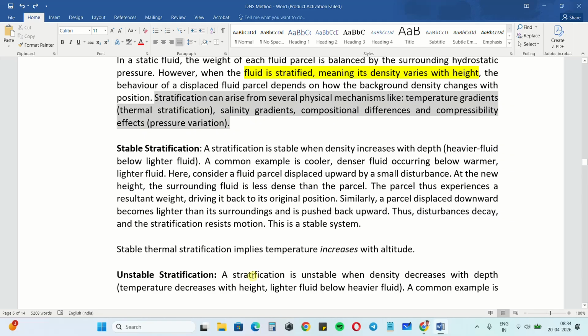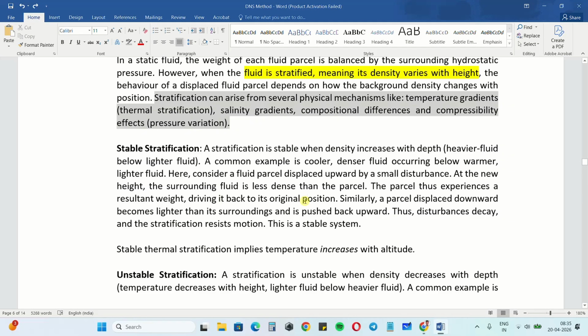Why do we say that it's stable? If you consider a situation where you have temperature increasing with altitude, and consider a fluid parcel at some particular height, it has a density as a function of height. As soon as that fluid parcel tries to move upward, what happens?